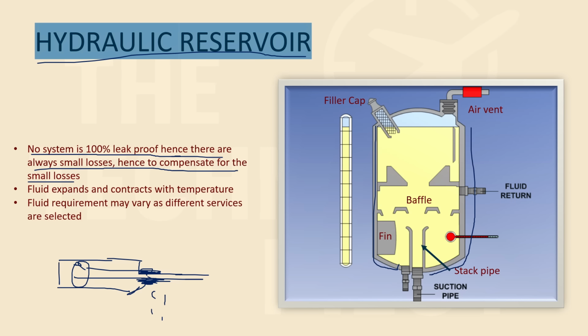These minor leakages are allowed, but they will reduce the quantity of hydraulic fluid with time, and you won't have enough hydraulic fluid to push or pull your piston. So to compensate for these small losses, you have a reservoir. This is the first reason why you have a reservoir.